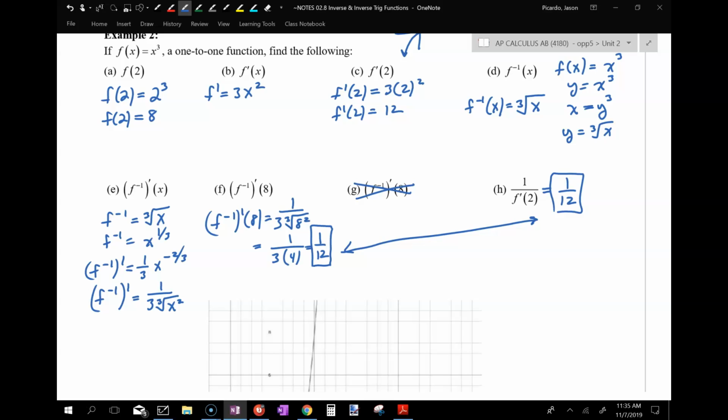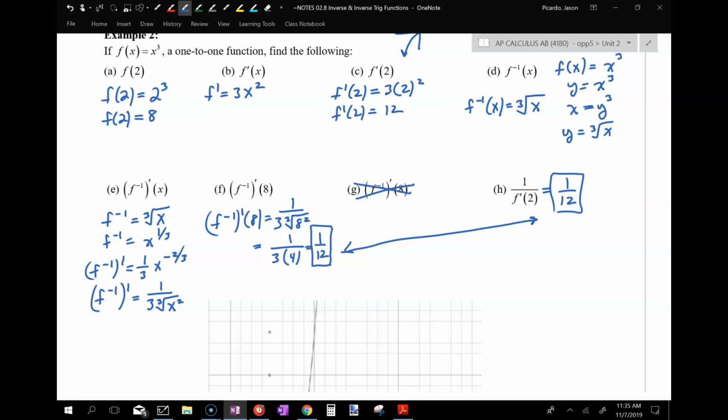So we took the derivative of the inverse right here. This equation represents the blue curve, and this is the derivative of that. So now I'm going to find the slope of the blue curve at what point? At 8. Why at 8? Because isn't that the point that corresponds to this one? And what does this suggest? It suggests that the slope is what?